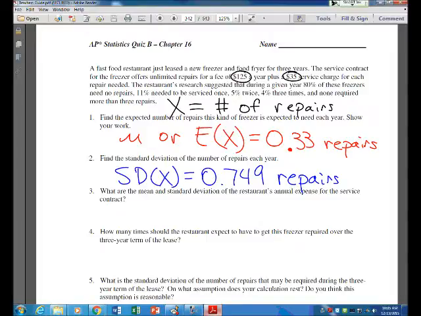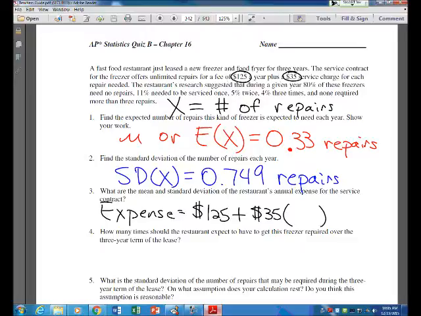So I'm going to write our mean for the expected expense. It's going to be $125 plus, and this is where I'm going to multiply my $35 times the number of repairs. Well, how many repairs do we expect per year?